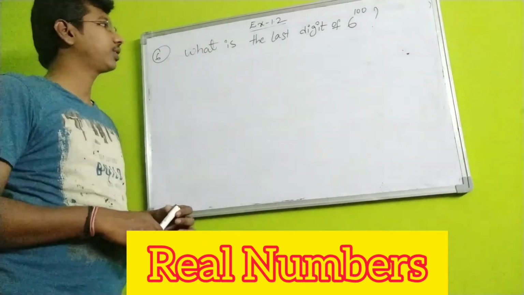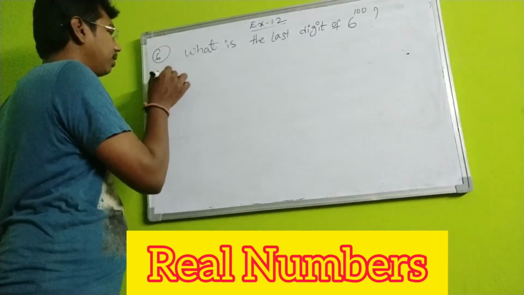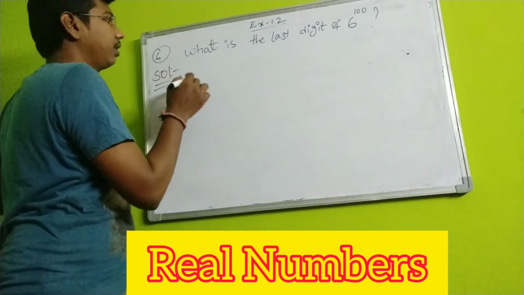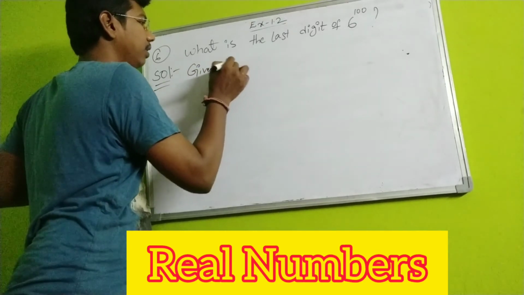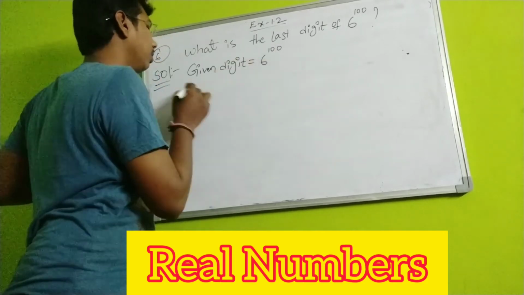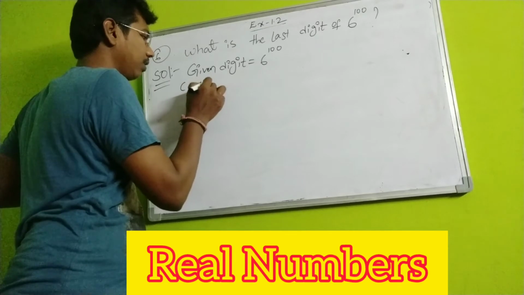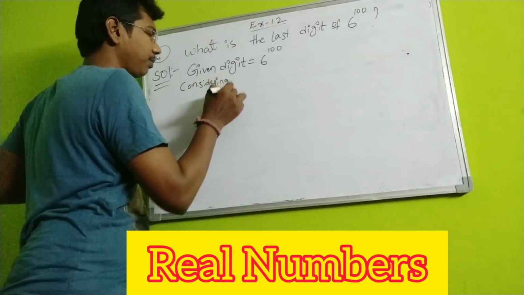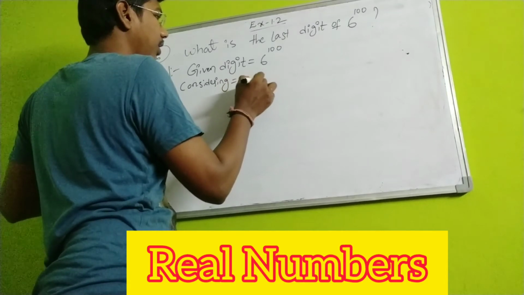Question number 6, students. What is the last digit of 6 power 100? Very simple. This is also a 1 mark question, students. Write the given number: unit digit of 6 power 100. Now consider powers 1, 2, 3, 4 and so on.